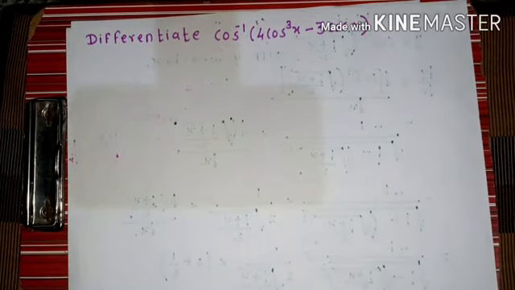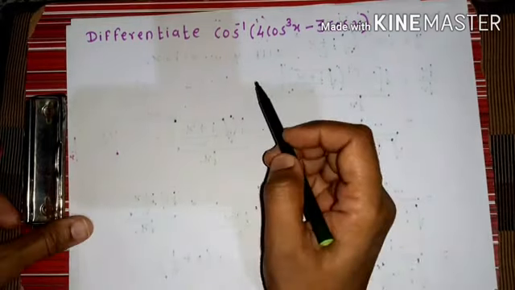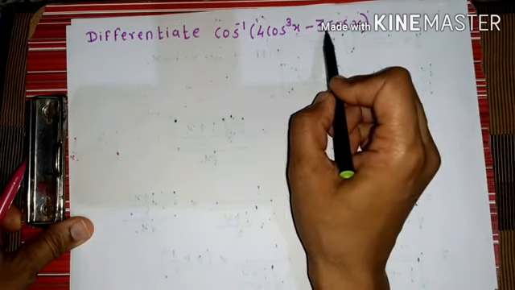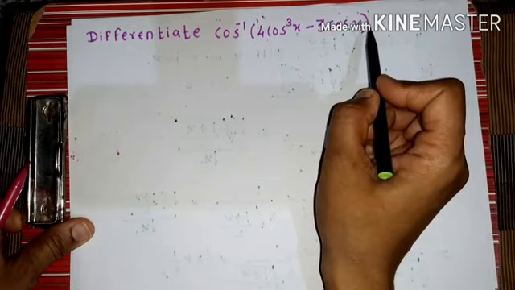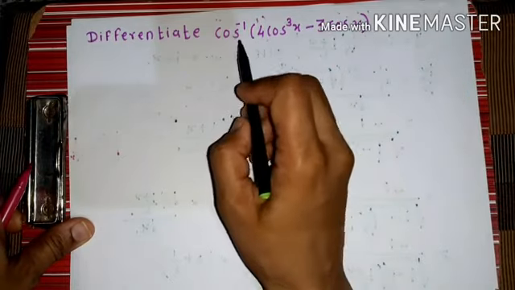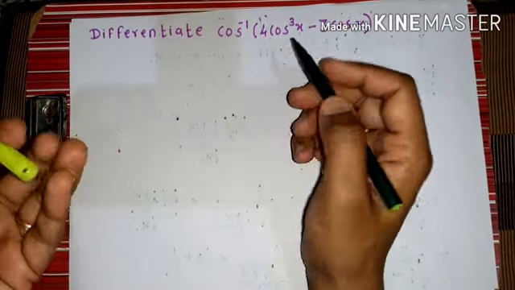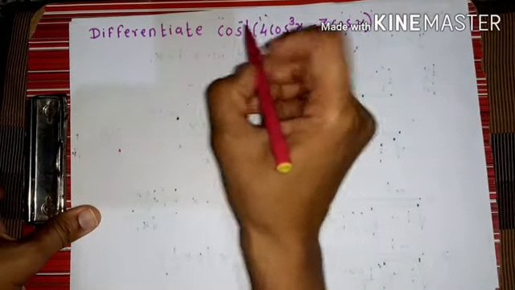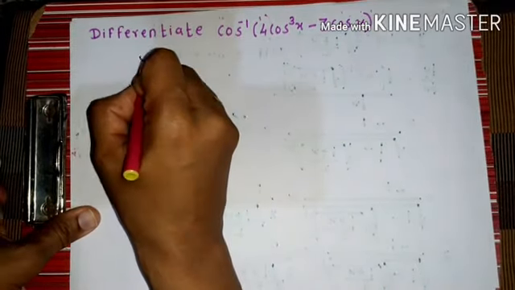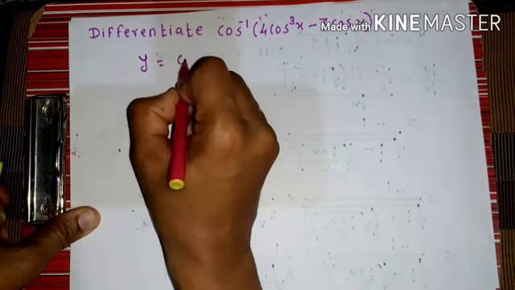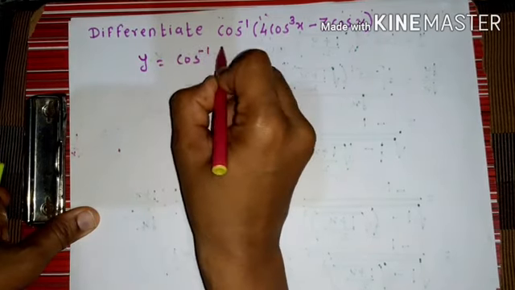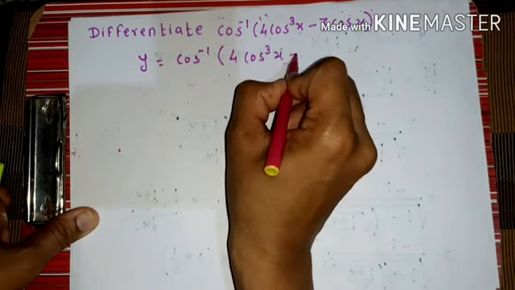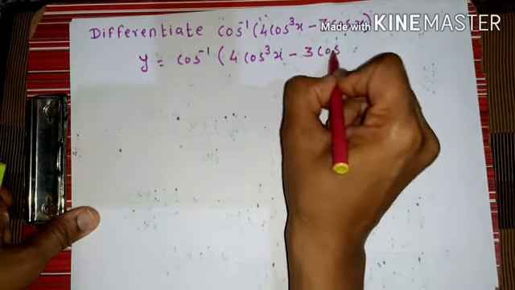Here the given function is cos inverse of 4 cos cube x minus 3 cos x. Okay, so here we know the formula for cos of 3 theta. First we simplify the function, that is y equal to cos inverse of 4 cos cube x minus 3 cos x.